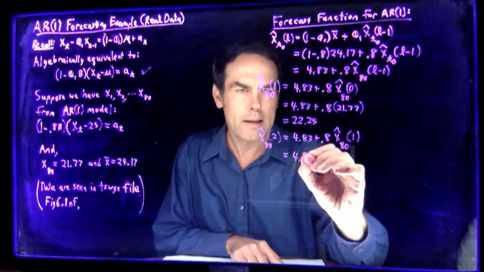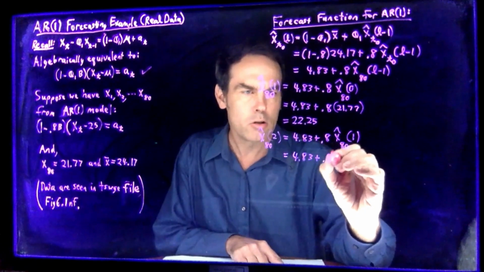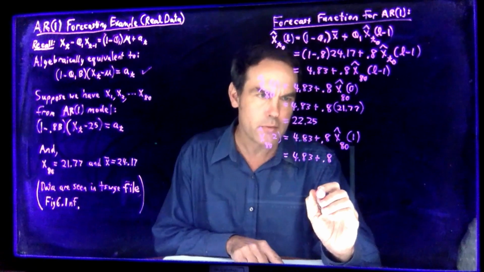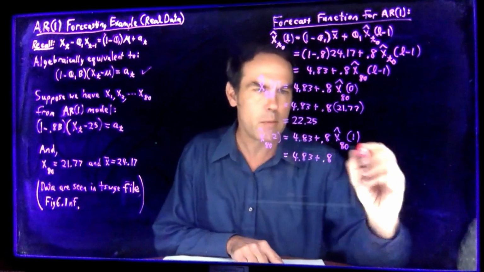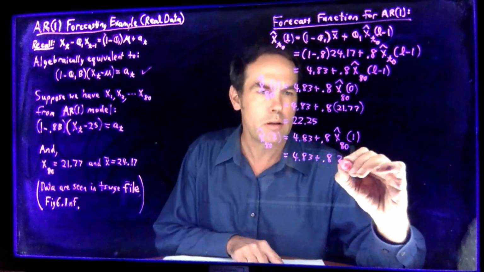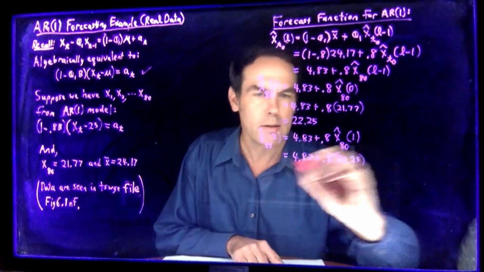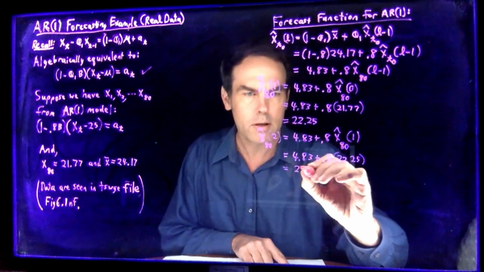Which we can write as 4.83 plus 0.8. Well, what is x hat of 80 of 1? Really, that's the forecast for the 81st value, which is what we calculated in the step before. So we'll here have 22.25. When we calculate that, we get 22.63.